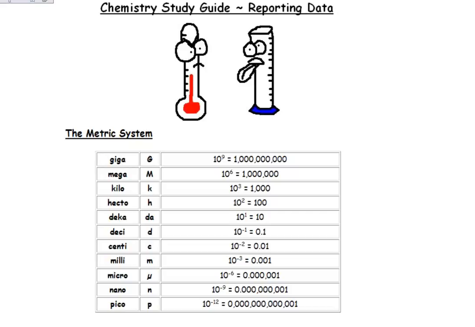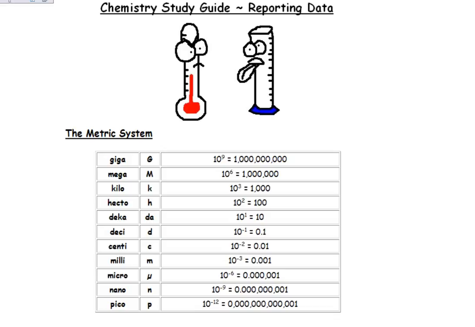In the last study guide, we looked at reporting and classifying qualitative observations that we might get in the lab. A qualitative observation would be something that is observational, maybe like a physical property or a chemical property, things that we observe in the lab.